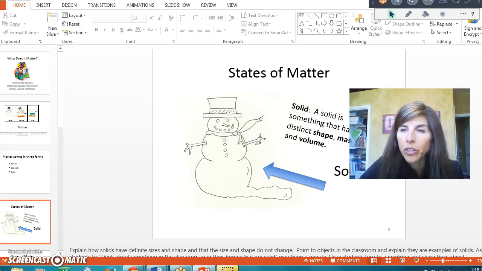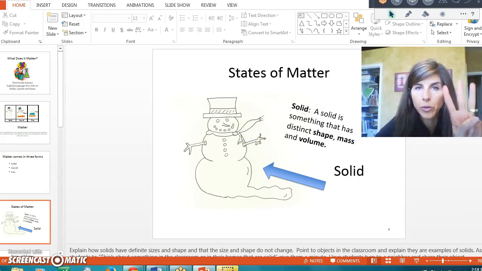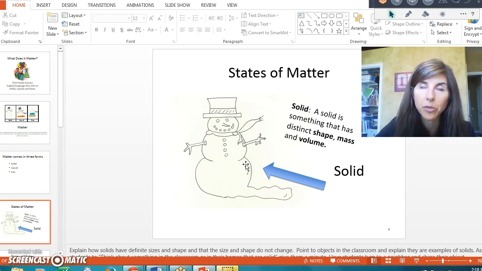States of matter. We're going to go through each of those three states of matter. Solid: a solid has a distinct shape, mass, and volume. You've worked with mass and volume already. If you think of a computer, everyone can think of a distinct shape.